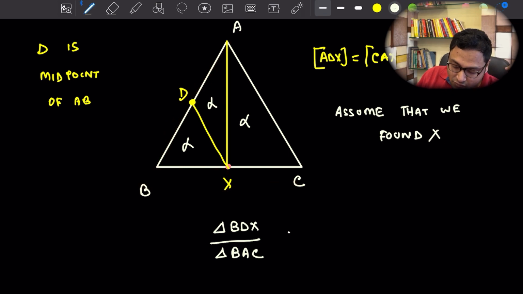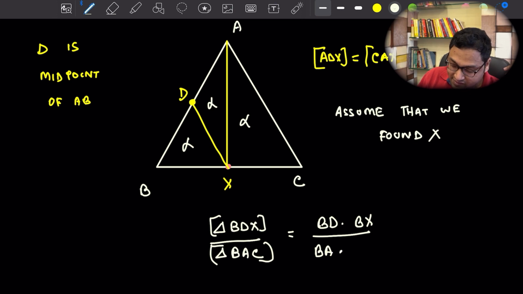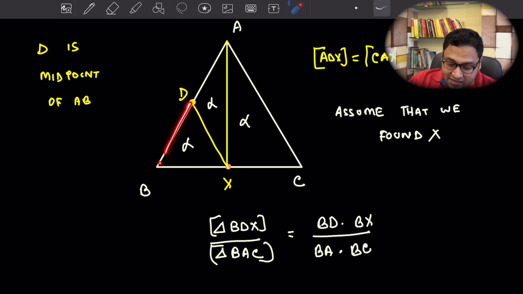So this ratio is equal to BD times BX divided by BA times BC. The ratio of areas is BD times BX divided by BA times BC.